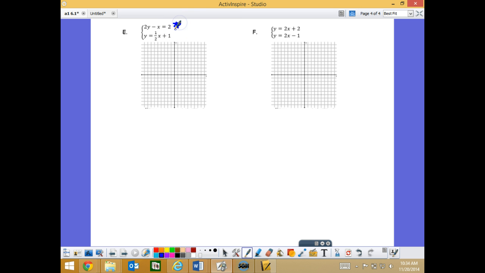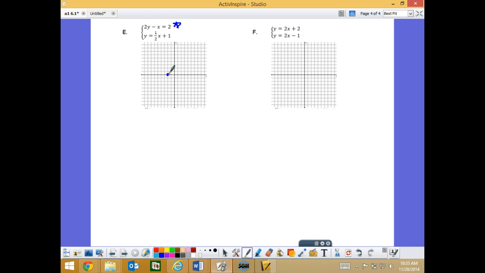So we're going to graph each of these lines, and the top one in E is given in standard form, so we're going to find each intercept. The x-intercept, if we cover up that y, we have negative x equals 2, so the x-intercept is negative 2.